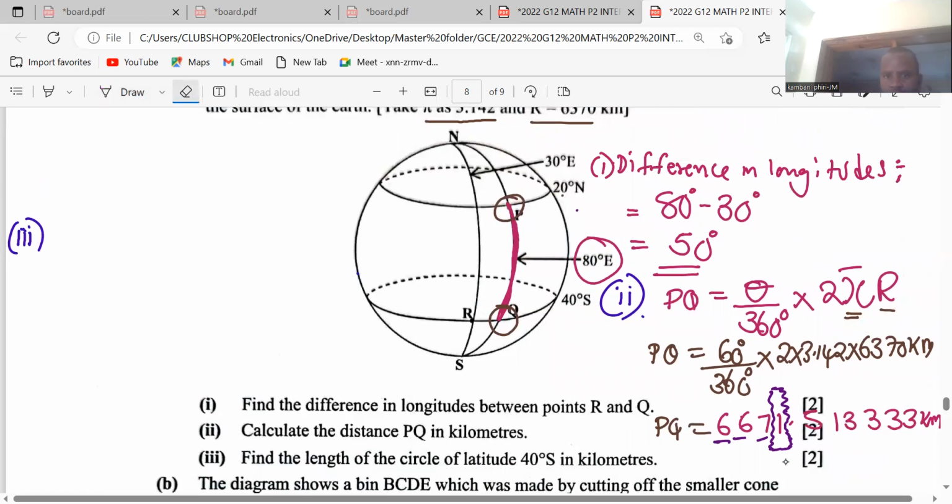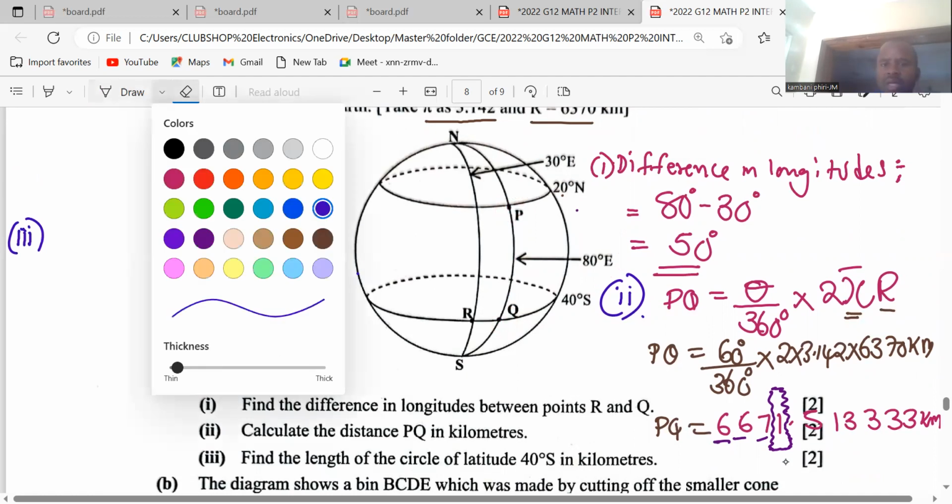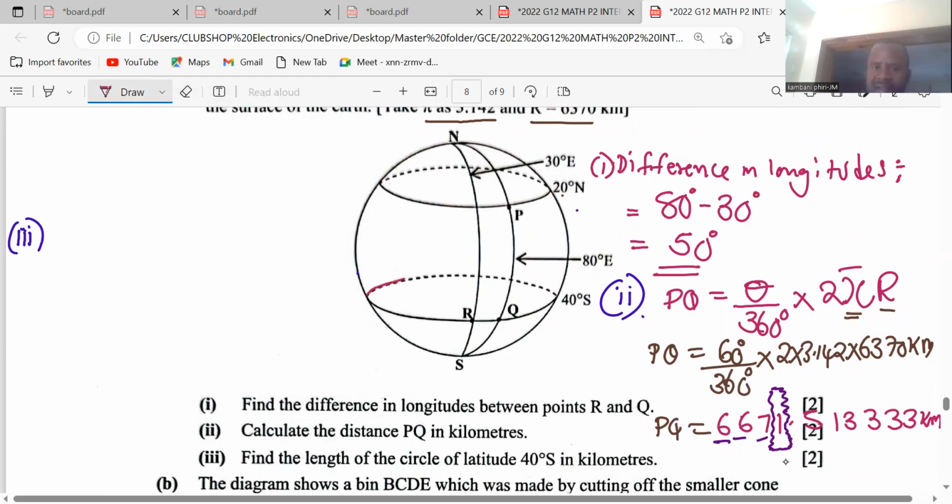We want to find the length of the circle, but which circle? The one which has got 40 degrees as our latitude on the southern part. We want the circumference of the circle, the distance around the circle.